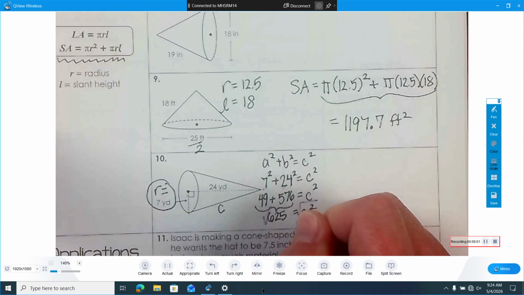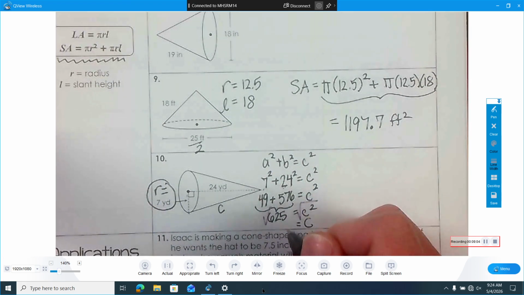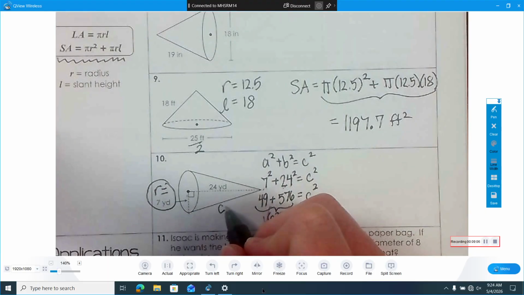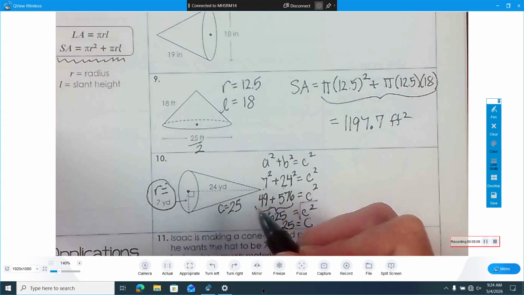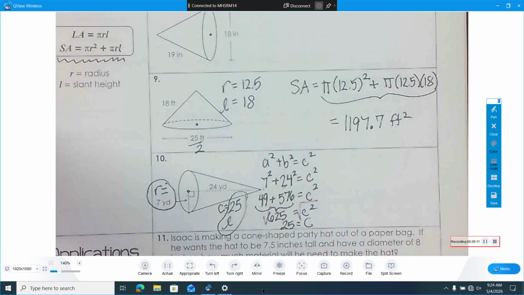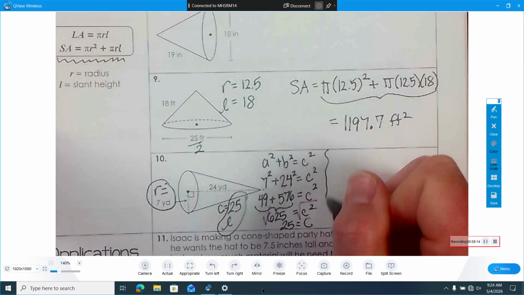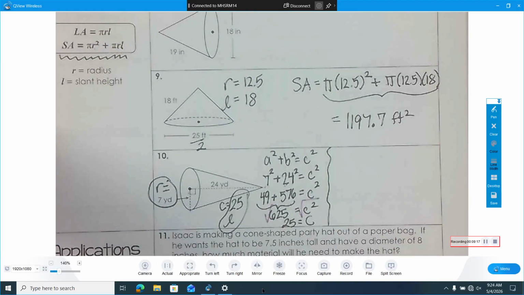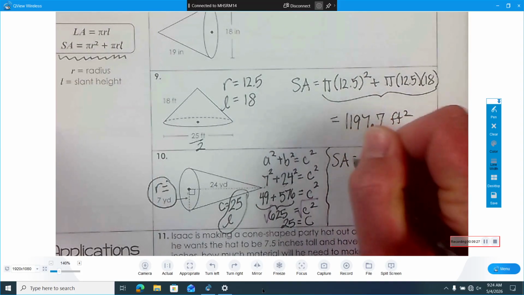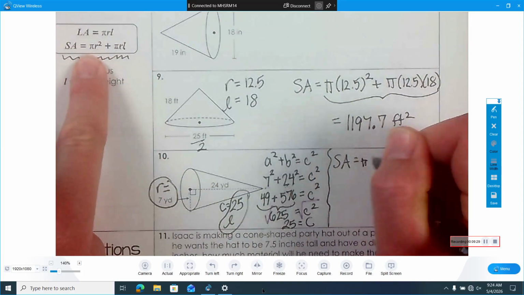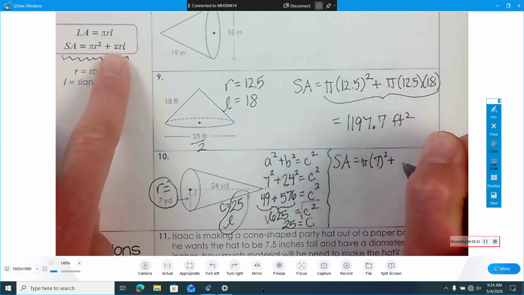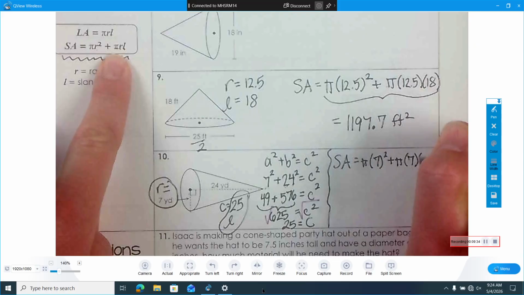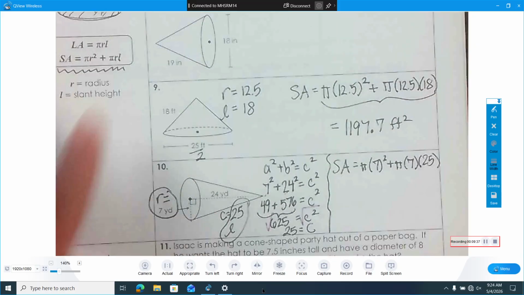And what is the square root of 625? 25. So our slant height is 25. In this one we actually had to use the Pythagorean theorem. We use it every day in geometry, so it's good to know. So surface area is pi times radius squared plus pi times radius times the slant height, which was 25.